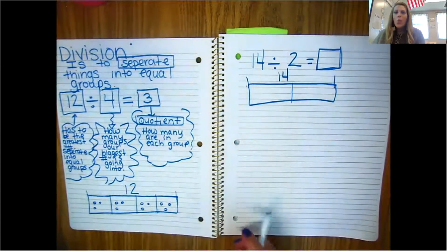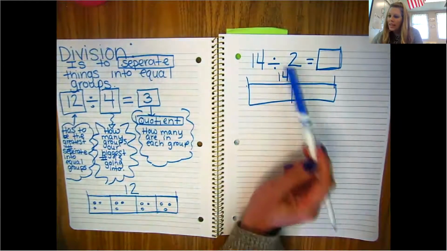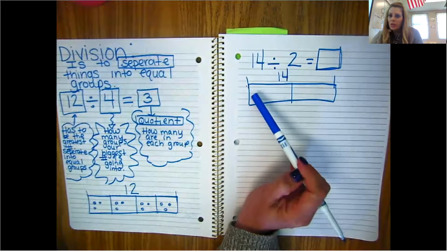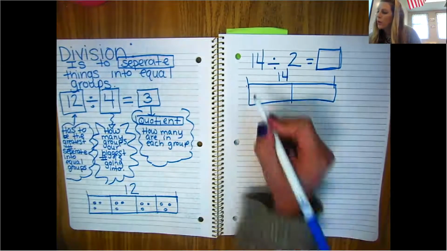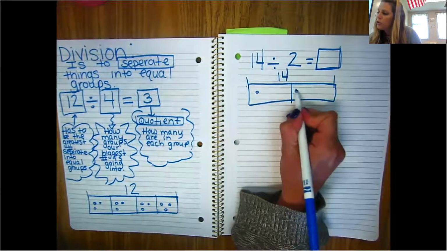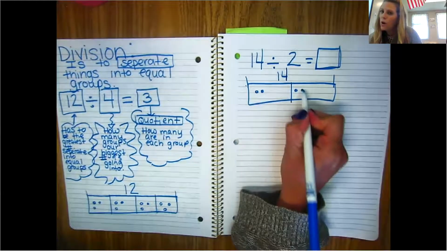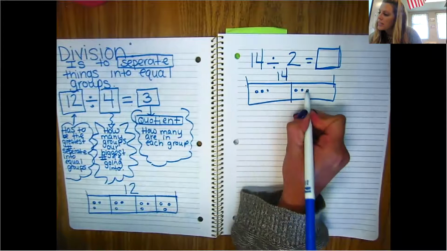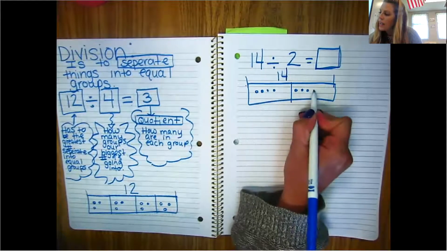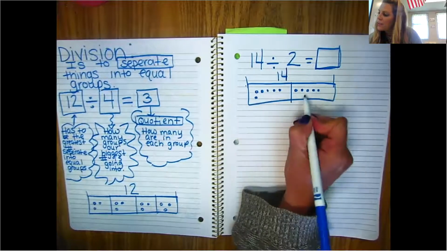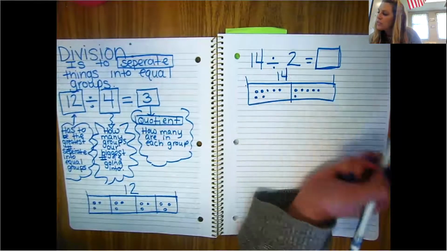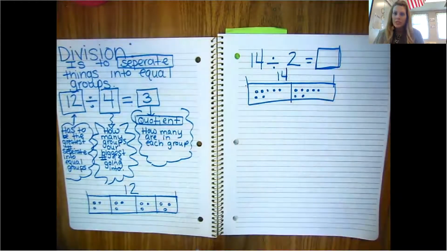And then what's our next step? We are taking 14 and we are equally putting them into each group. So do it with me. 1, 2, 3, 4, 5, 6, 7, 8, 9, 10, 11, 12, 13, 14.